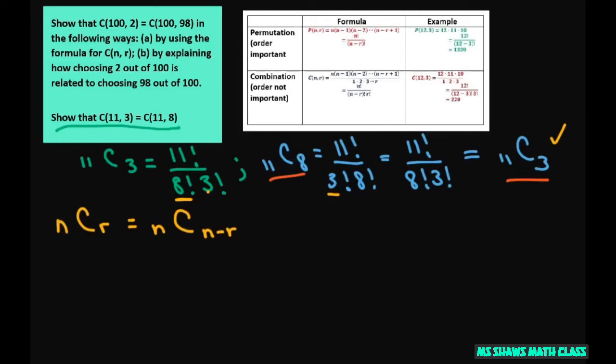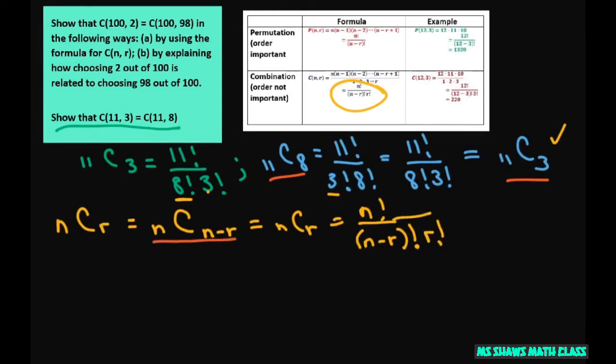So now what we can do is rewrite this as n choose r. Let's use our formula. It's n factorial divided by n minus r factorial times r factorial. Now I'm going to take this part and substitute it into this formula. So when you do that, you're going to get n factorial.